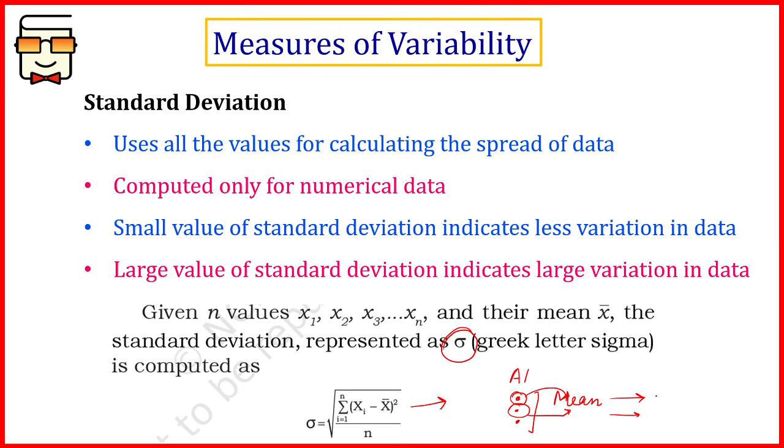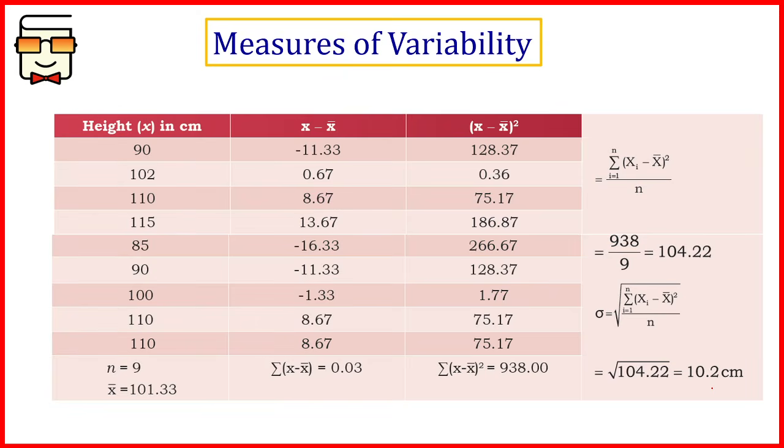You will again get some value, and similarly you will get values by taking the difference between the value of the attribute for each observation and the mean. Now you calculate the square of these differences. After calculating the squares, you add all of them and divide by the total number of observations, and then you take the square root. So I'll explain this with an example.